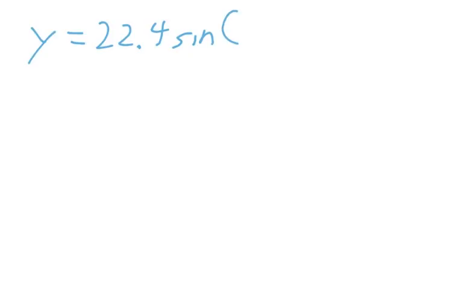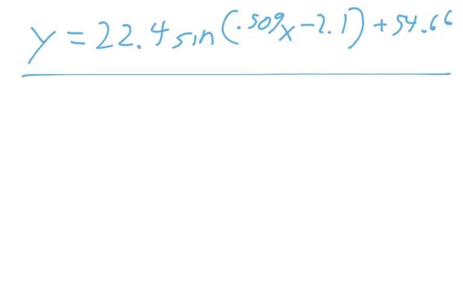They're using sine instead of cosine, and we're going to use 0.509x minus 2.1, not 0.21, 2.1, plus 54.66. So that's another way to get the equation. It's not perfect because it doesn't have the right period, but it goes closer to the points than my original equation. You can either use the original way that we did it or the calculator way. Email me with any questions.